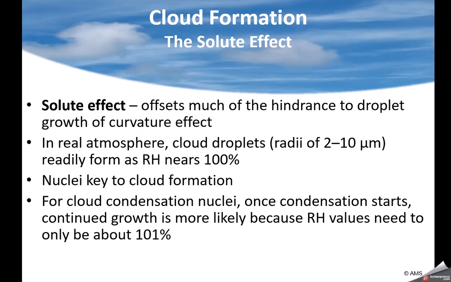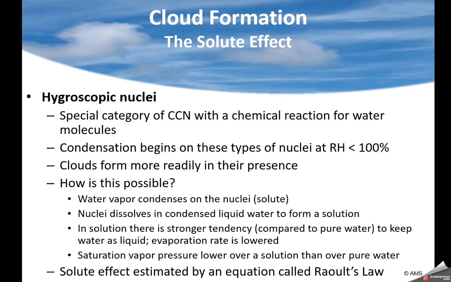However, the solute effect offsets that. What happens is there are cloud condensation nuclei, and they reduce saturation to around 100% or less in these very tiny water droplets. They literally dissolve in that droplet. Some things that might dissolve in that are salt, some kinds of dirt, different things will do that.